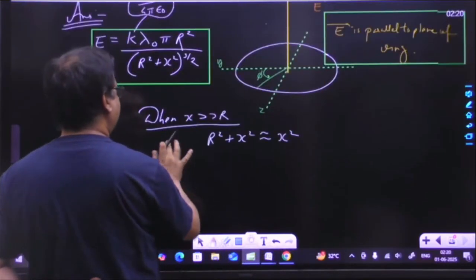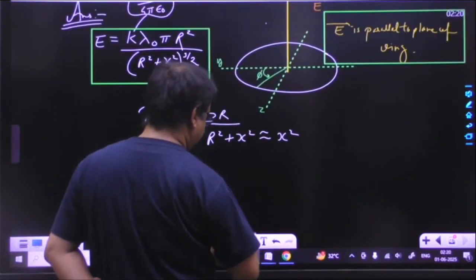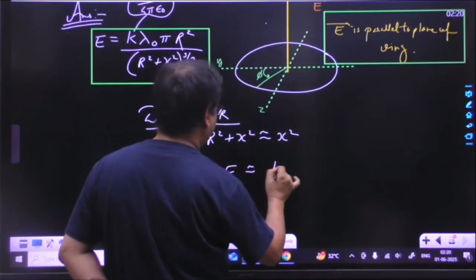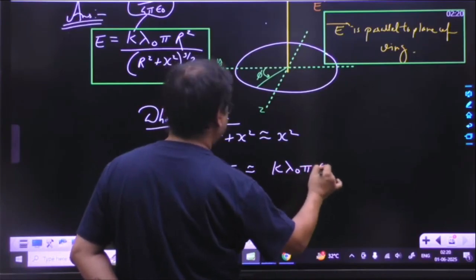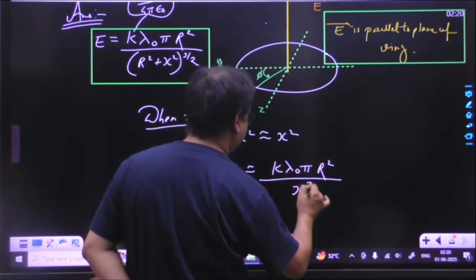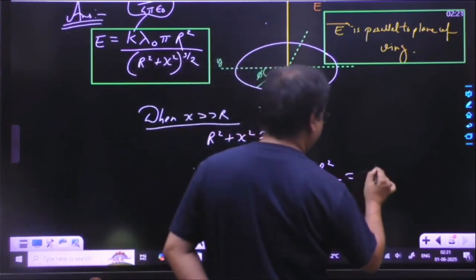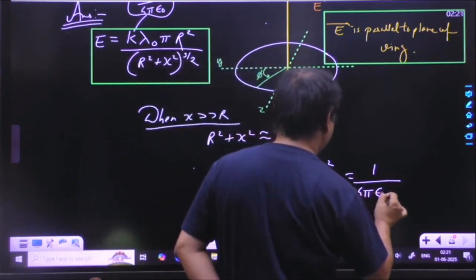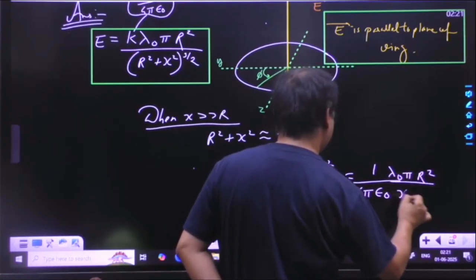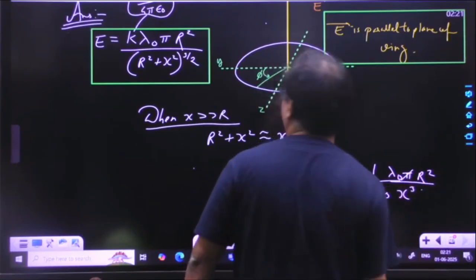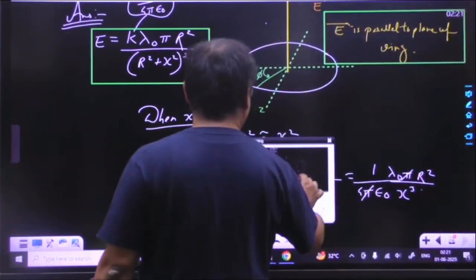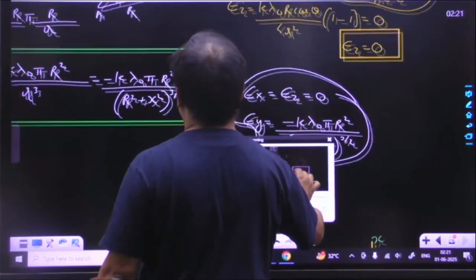We can neglect r square. So your electric field magnitude will be approximated as k lambda naught pi r square by x cube. And you can put the value of k if you want: 1 by 4 pi epsilon naught, lambda naught pi r square by x cube. This will be the answer when x is much greater than r.